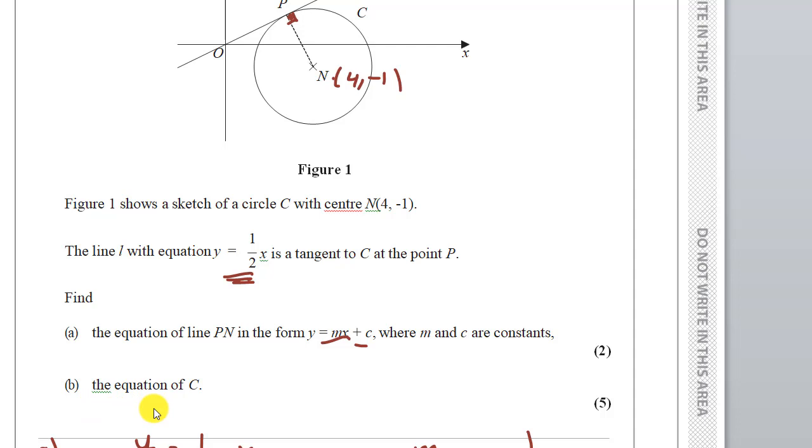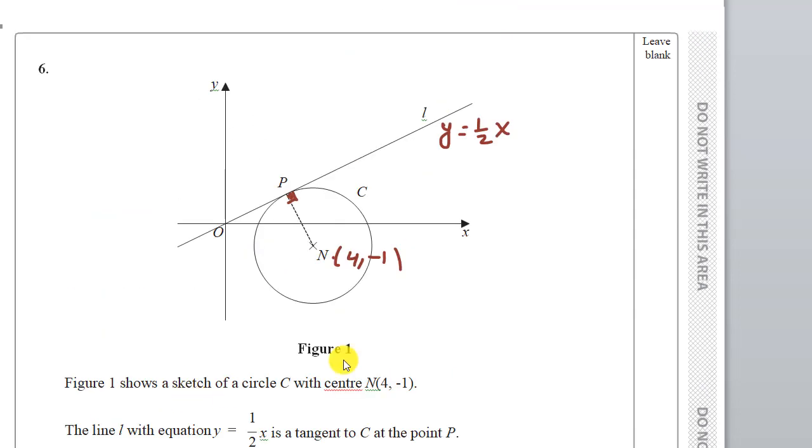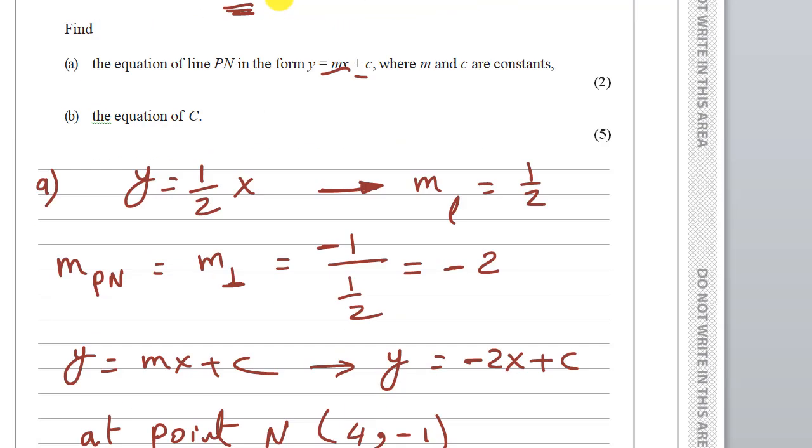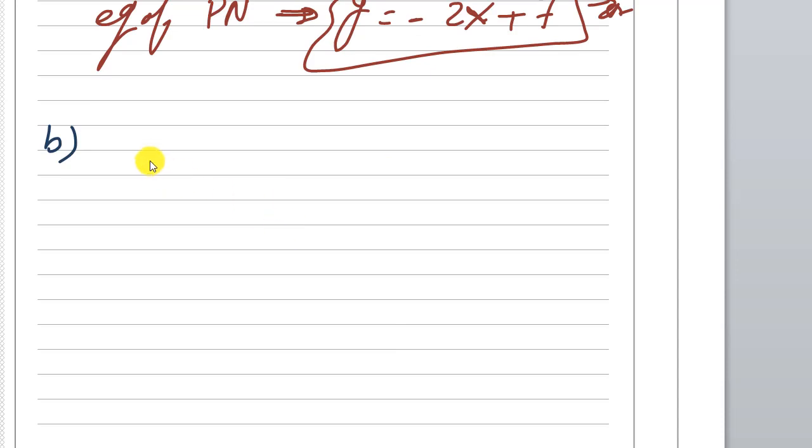Now part B, we need the equation of the circle C. To find the equation, we need the radius r. To find the radius, we need point B. And point B is the intersection of the line PN and the line L. So the first step is to find the intersection, which is point B. The line L is y equal to half x, and PN is y equal to minus 2x plus 7.